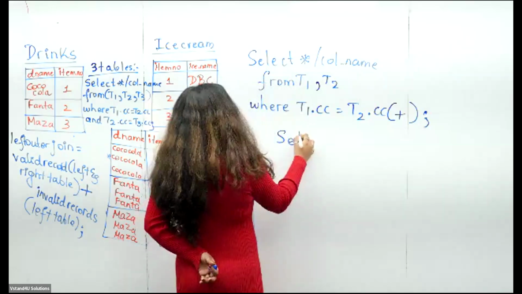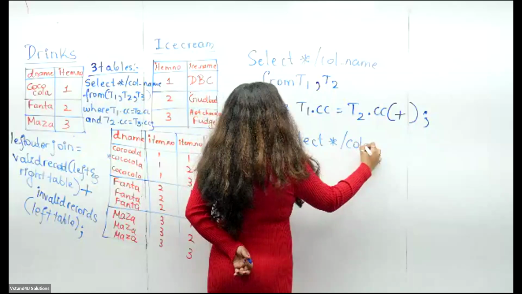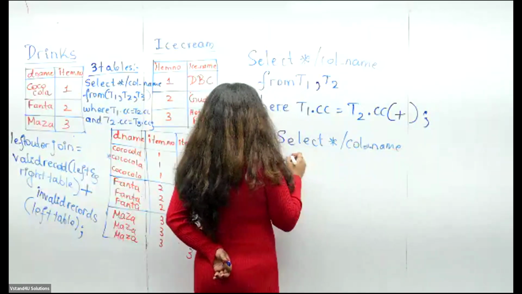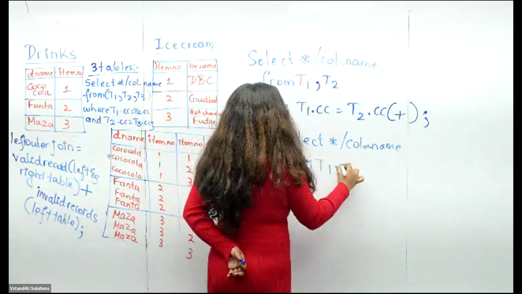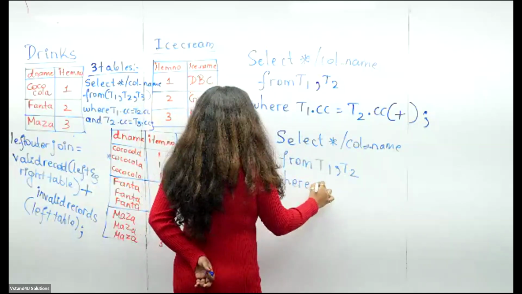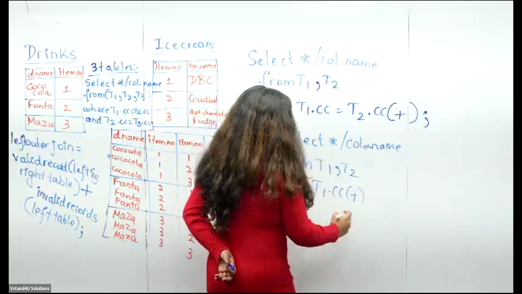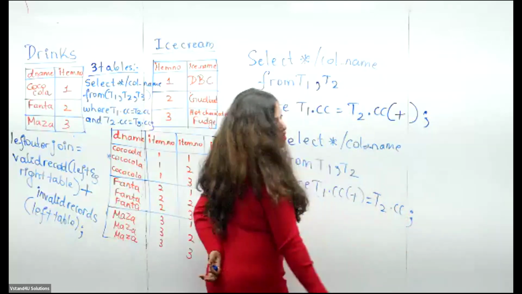So for right join, how will you write? Select star or column name from T1, T2 where T1.CC plus is equal to T2.CC.